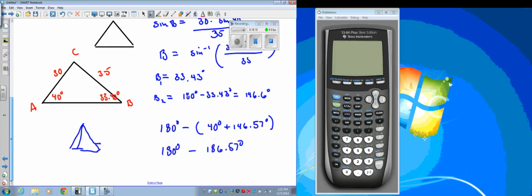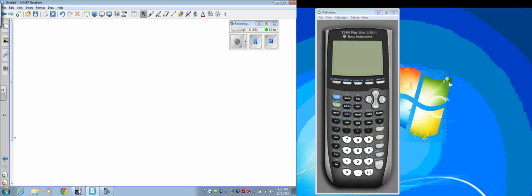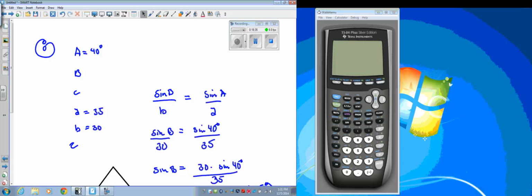And the way you tell it is when you sum these two, this has got to be an angle also that fits 180 degrees. I haven't explained it fully, but let's just say this one has one triangle.